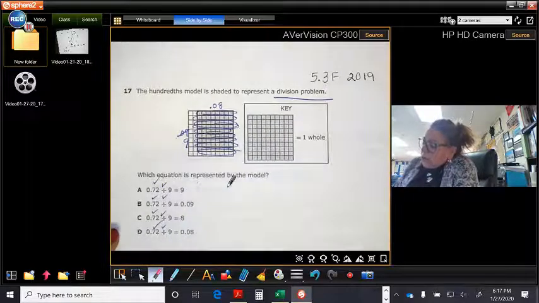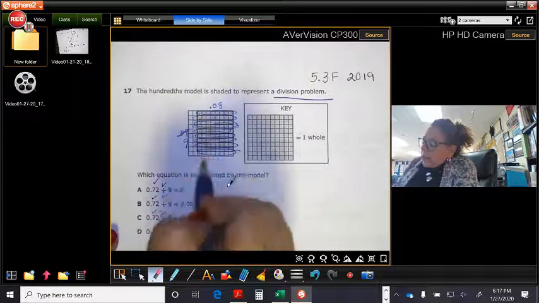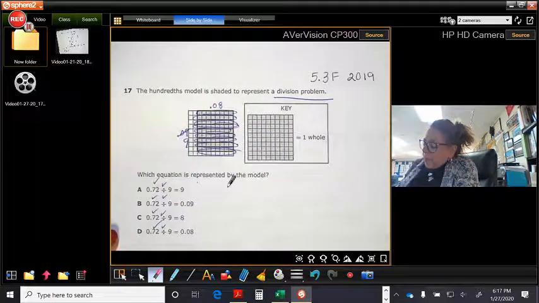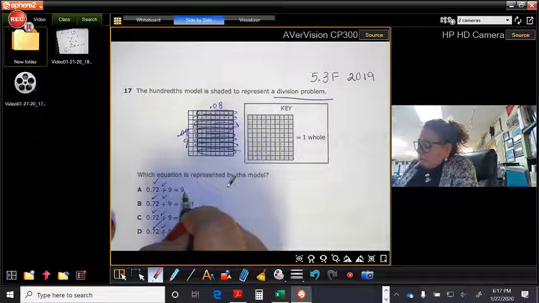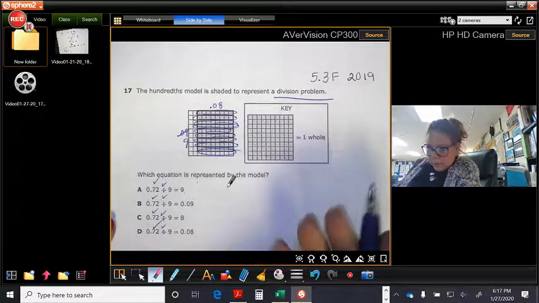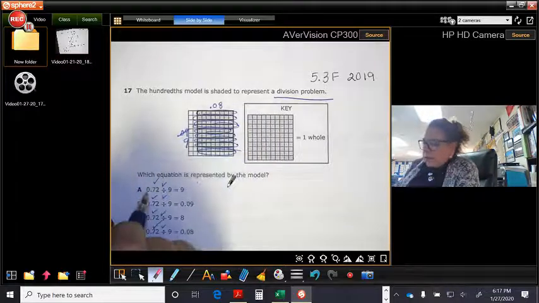So which is going to be the correct answer? And I was just counting these hundredths. So it's actually going to be the 9 wholes. So which one would that be? Is it 72 hundredths divided by 9 equals 9? Remember the order, remember the fact family? Is 9 times 9 72 hundredths?